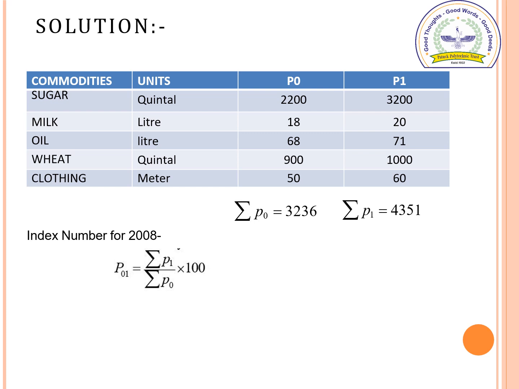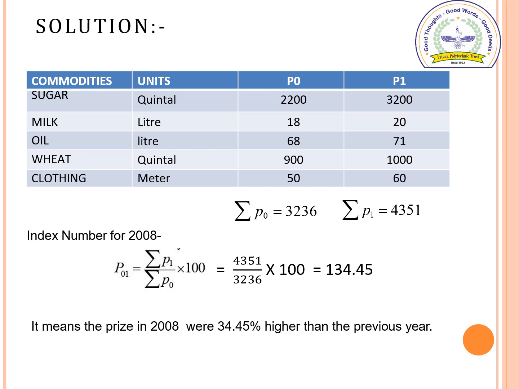Summation P1 is 4351 and summation P0 is 3236. So 4351 divided by 3236 into 100 equals 134.45. It means that prices in 2008 were 34.45% higher than the previous year.